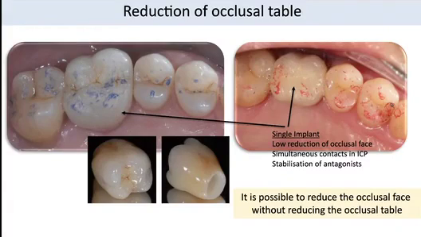Here, the reduction of the occlusal face is important, but there is no reduction on the occlusal table. So it is an interesting way to guide the lab technician by giving this type of instructions.